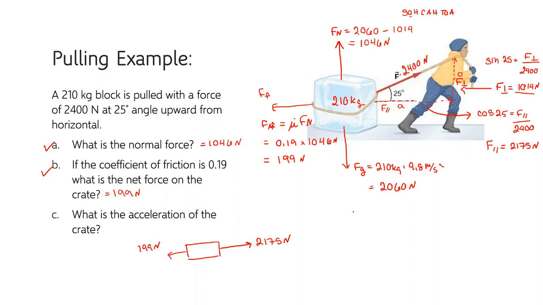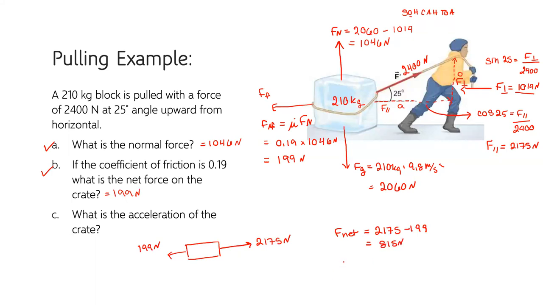The net force, we're only thinking of horizontal because everything else balances, is going to be equal to the difference between those two. So F net is equal to 2,175 minus 199, which gives us a value of 1976 newtons.